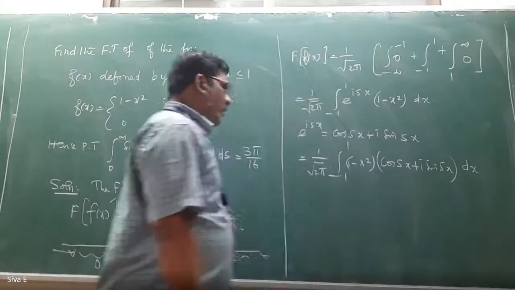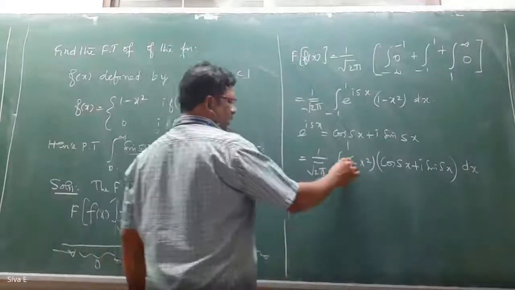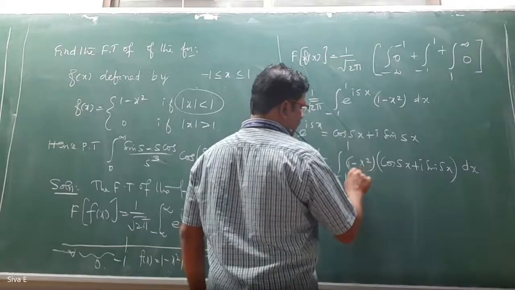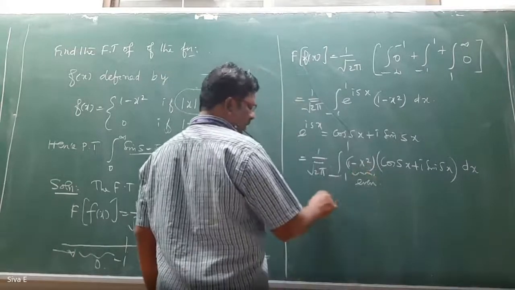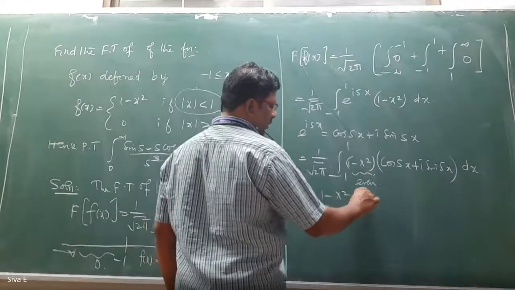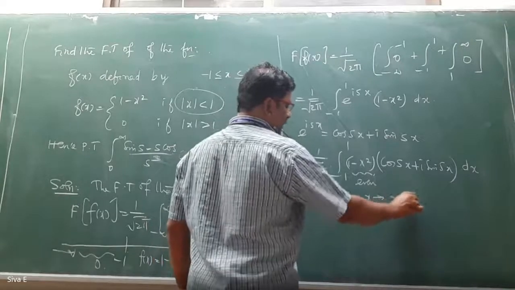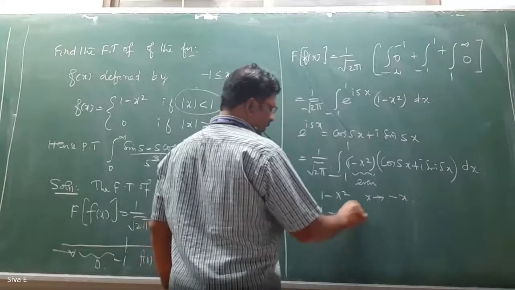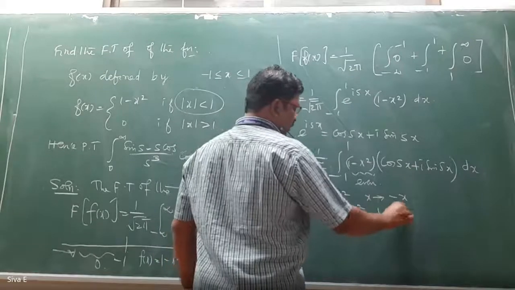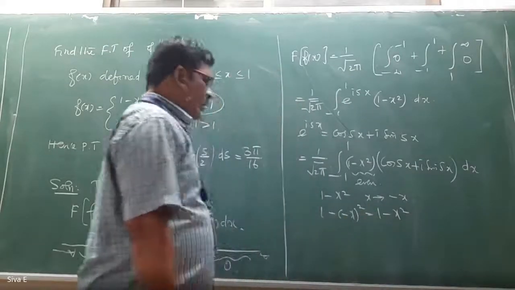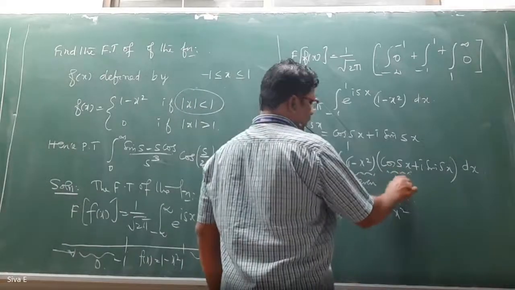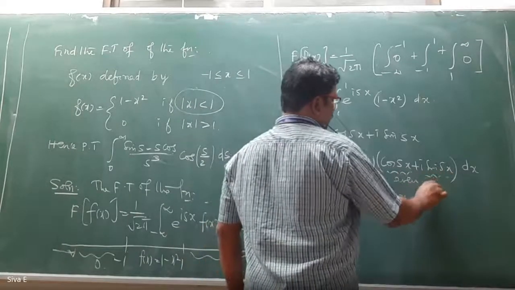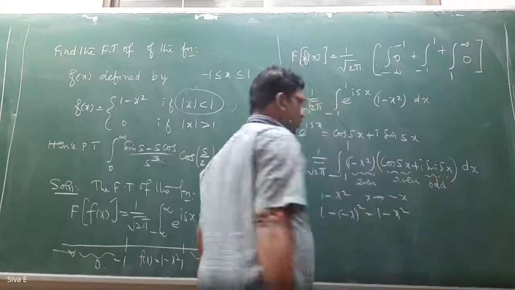In the interval of minus 1 to plus 1, you can see that 1 minus x square is an even function, because if you substitute minus x for x, you get 1 minus minus x whole square, which is once again 1 minus x square. Therefore, it is an even function, and sin sx is an odd function.